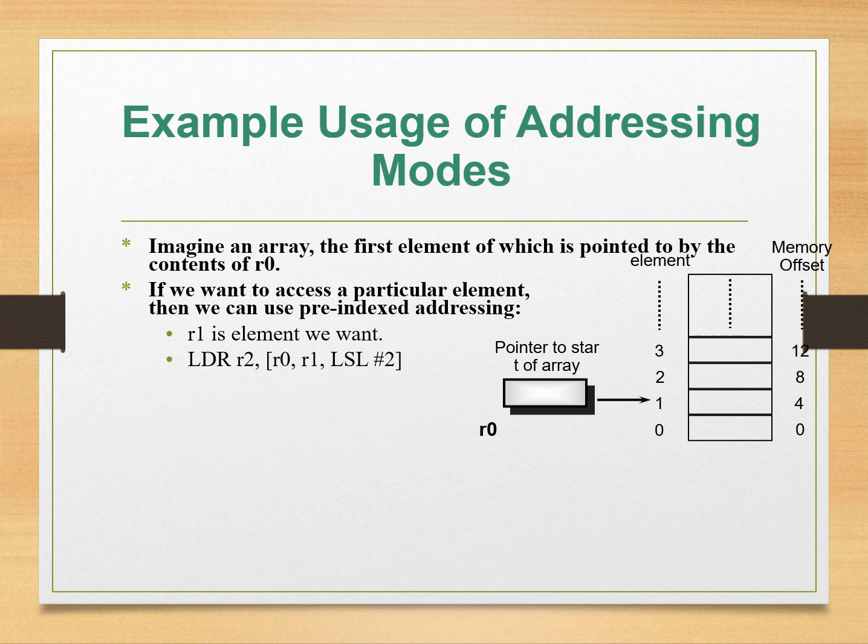R0 will be updated to R0 plus R1 multiplied by 4. Then you load to R2.